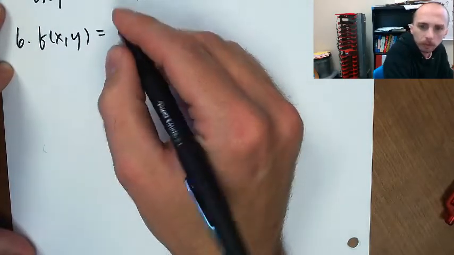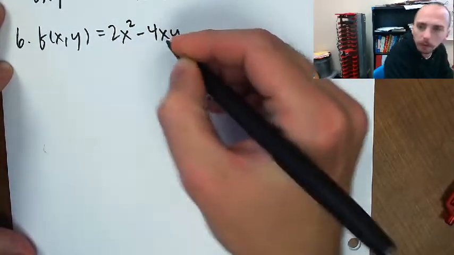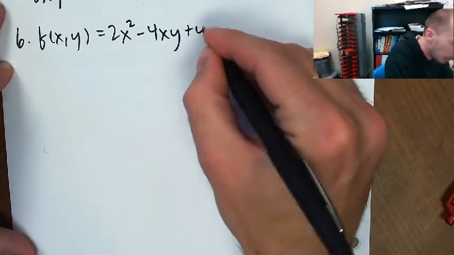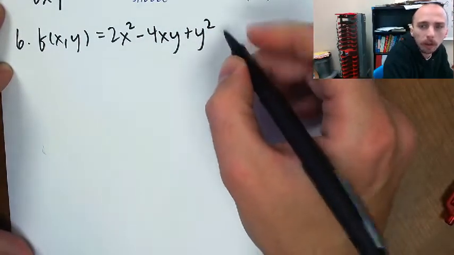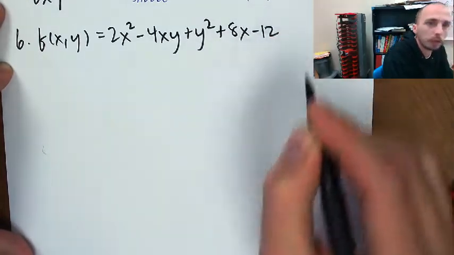So f of x, y is 2x squared minus 4 times x times y, add y squared, add 8x, subtract 12.